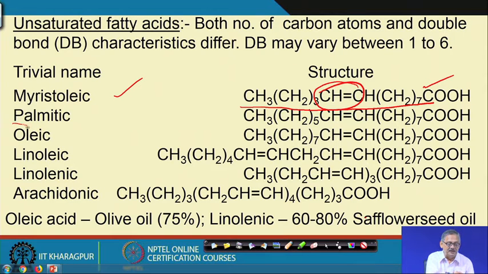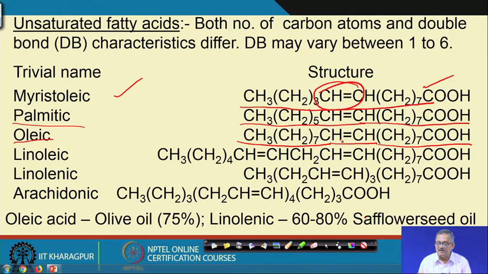Similarly, palmitoleic acid is CH3 CH2 (whole 5), CH double bond CH, CH2 (whole 7), COOH. Then oleic acid is CH3 CH2 (whole 7), CH double bond CH, CH2 (whole 7), COOH.